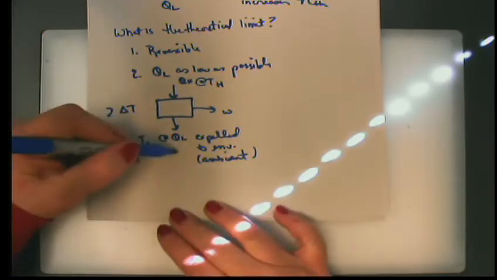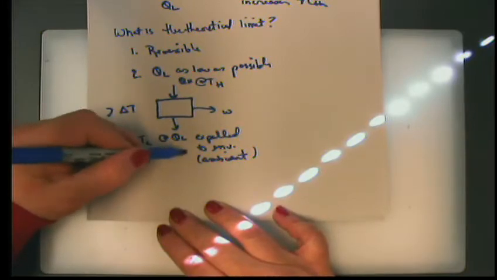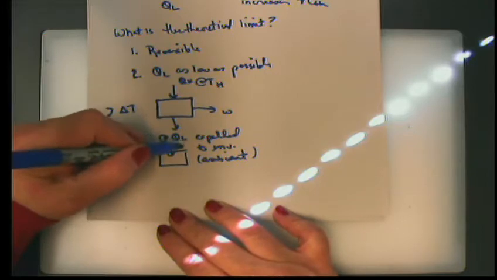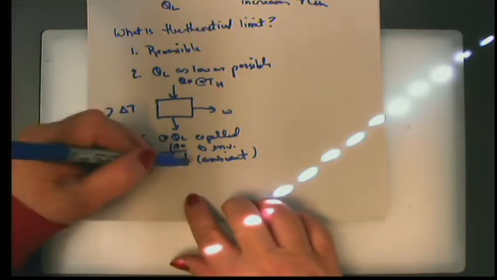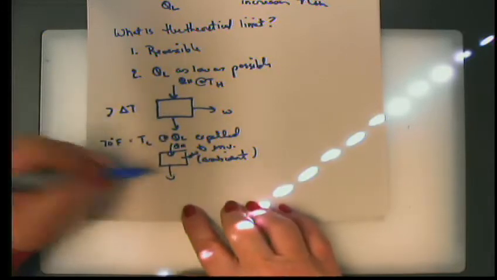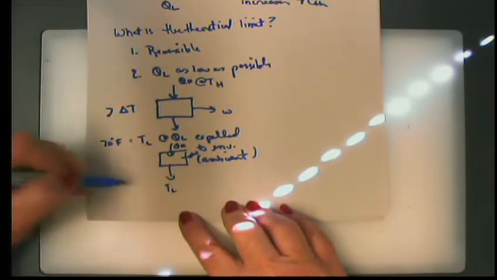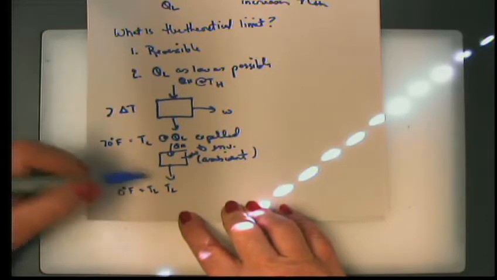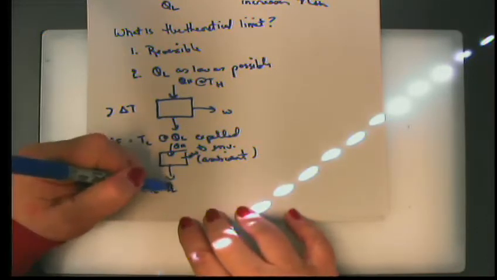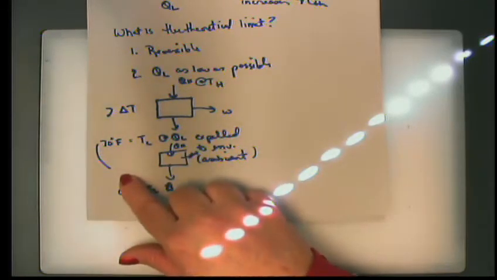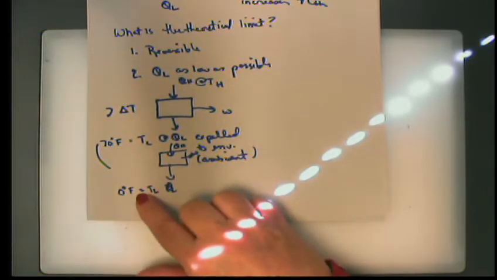Okay? Well, if you had the opportunity to run an engine off of a 70 degree Fahrenheit reservoir and expel it to, say, a 0 degree Fahrenheit reservoir, what that means is that you have some amount of work that could be done between 70 and 0 degrees.